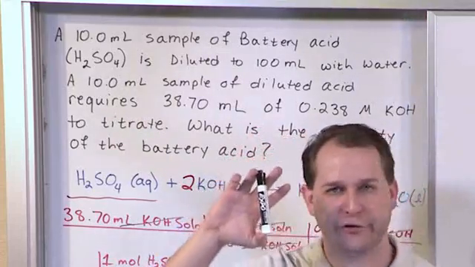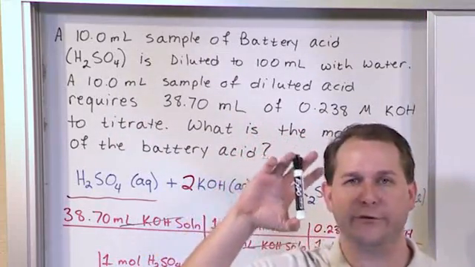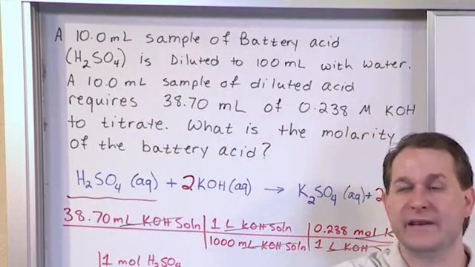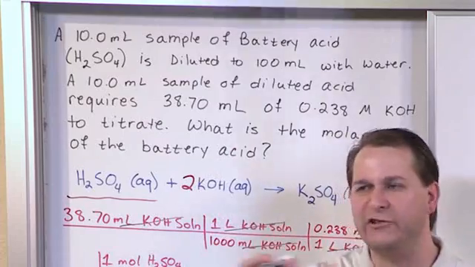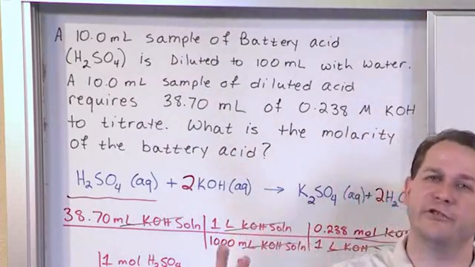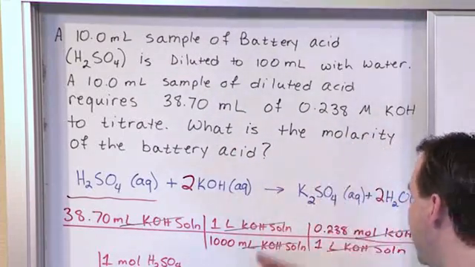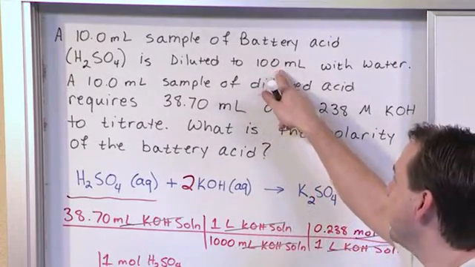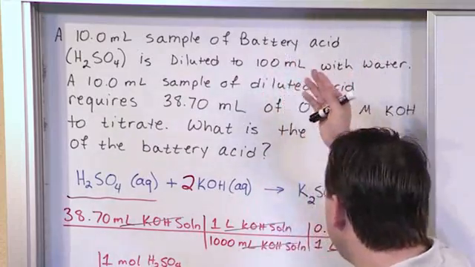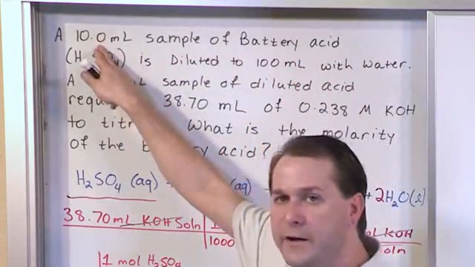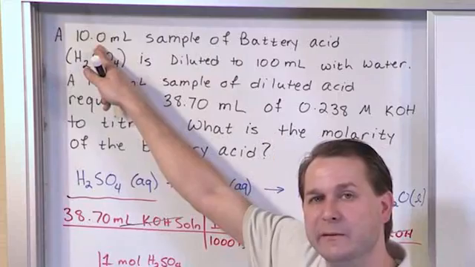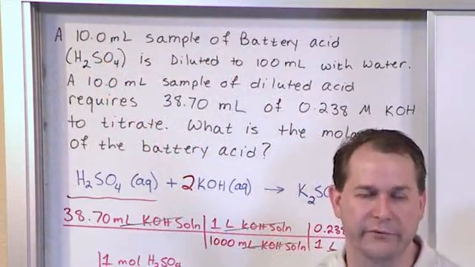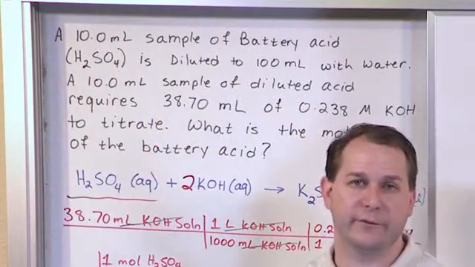When I add water to it, I don't change how much H2SO4 is in the 100 milliliter bucket compared to what was in the original 10 milliliter sample of battery acid. I don't change how many moles of H2SO4, I just change its volume. So because of that, if I know that 0.0461 moles of H2SO4 were in here, then I also know that I had 0.0461 moles of H2SO4 in the original 10 milliliter sample. Because adding water to it doesn't change how many moles of H2SO4 you have.